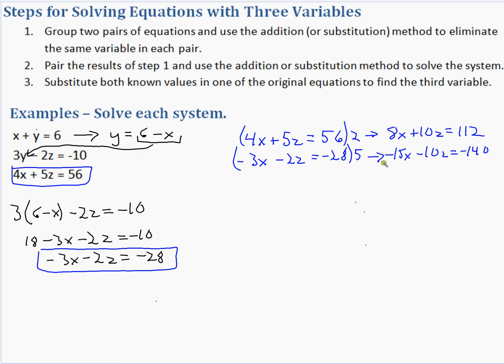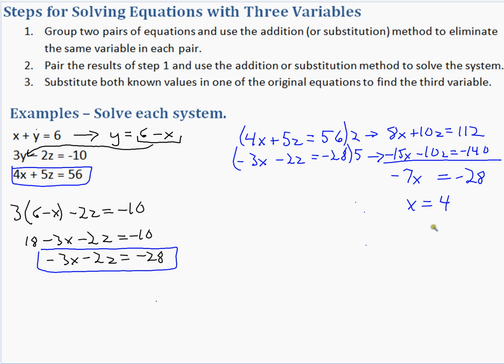And now we can eliminate. We get -7x. The z's eliminate, equals negative 28. When we combine these, we get negative 28. Dividing both sides by negative 7, x equals 4.